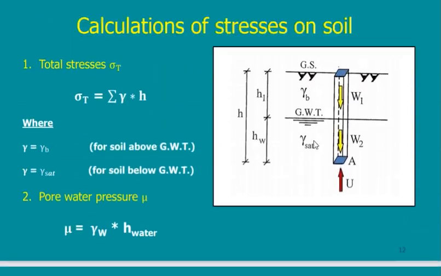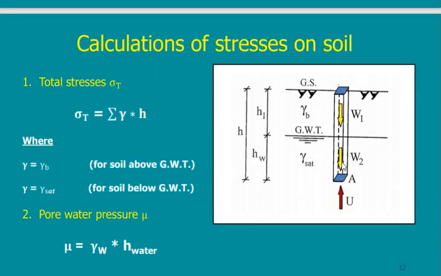As we just said here, the unit weight of the soil here is not the same as the unit weight of the soil here, though they are both the same material, because the difference is the unit weight of water. So if I say that this soil has a unit weight of 1.8, then this one will be 0.8 only. Why? Because I will subtract 1, which is the effect of water.